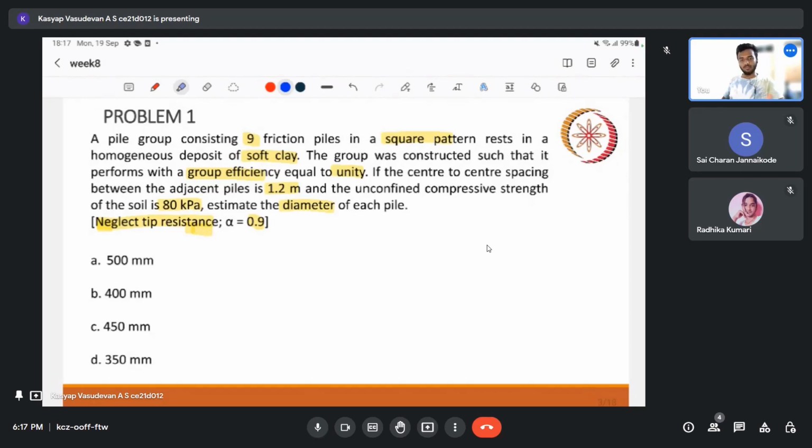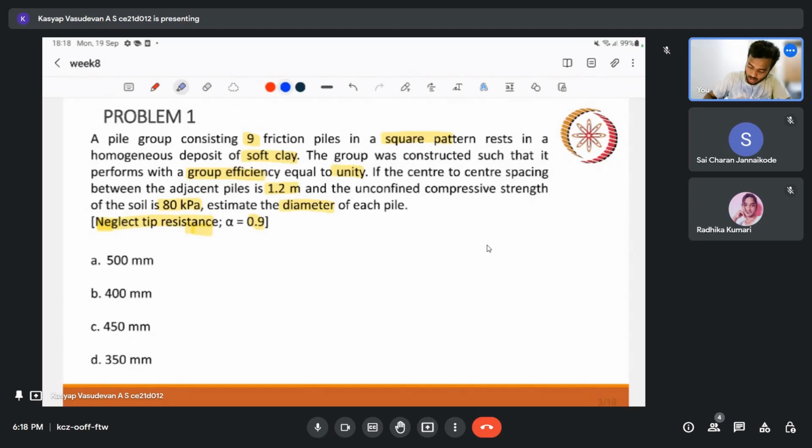Whichever is lower, we have to consider that. Generally, group efficiency will be greater than one in sandy soils. But here the efficiency is already given, so both should be equal. That is a very good clue. So we can equate the group capacity with the single pile capacity times the number of piles. So let us do that.